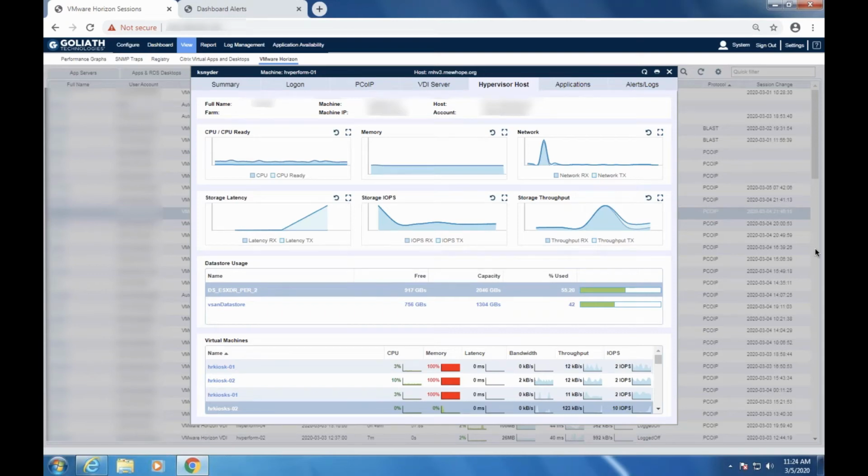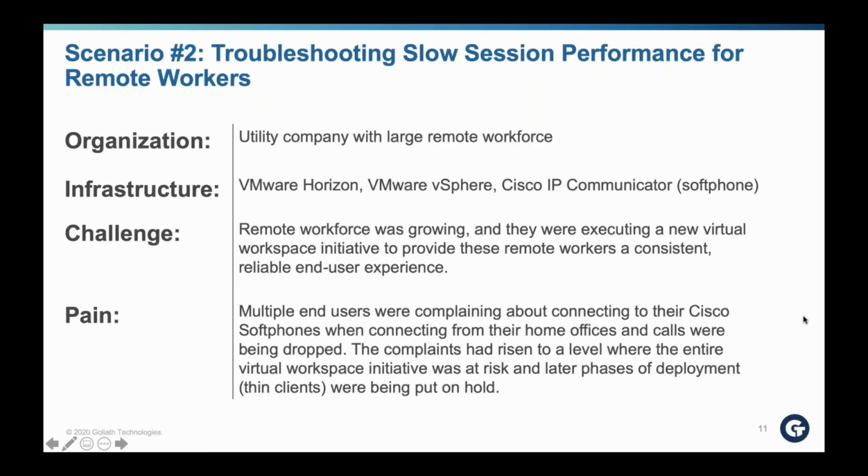So I think that's a good segue into this next customer scenario, where in this case, they were having performance issues. They were able to log into the environment relatively quickly, but because of the complexity of this workforce, troubleshooting these in-session performance issues was particularly hard without a purpose-built tool.